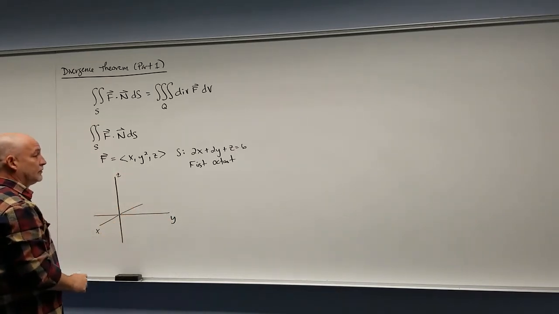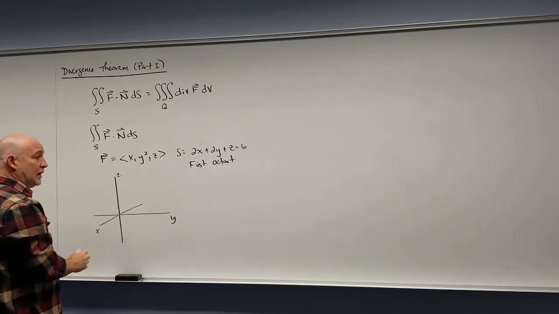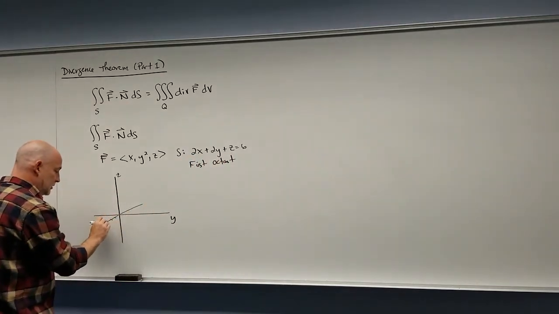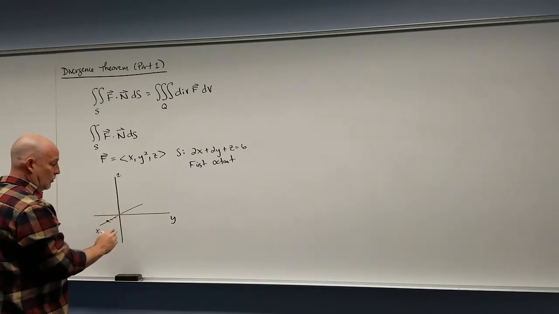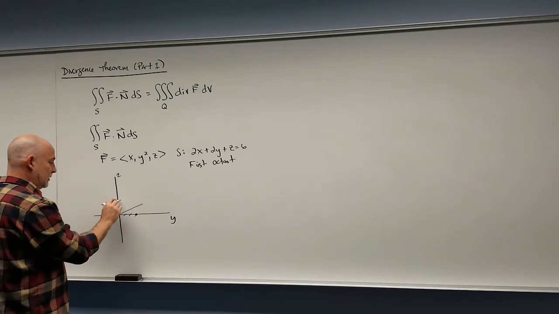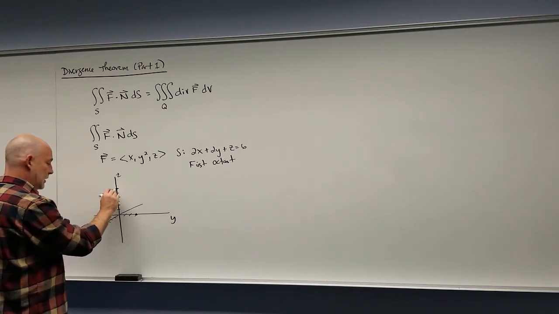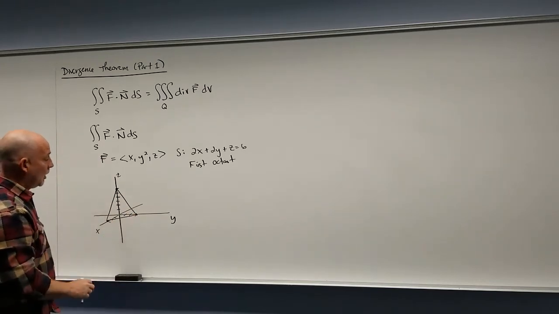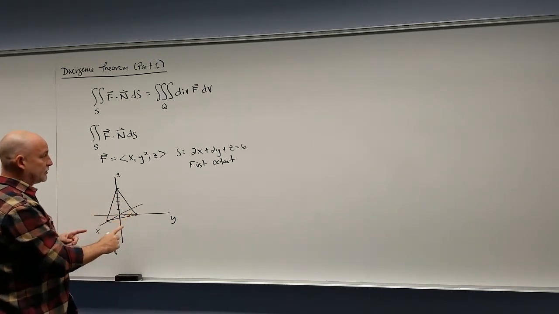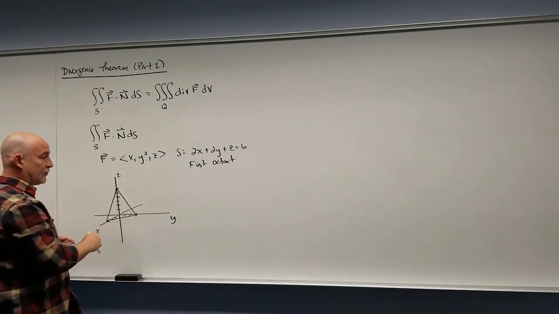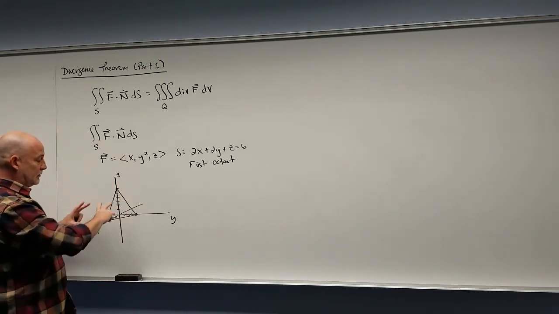All right, so let's see, as we cross each one of these, x on the x-axis, x will be 3, y on the y-axis will be 3, and on the z-axis, we'd be up here at 6. Okay, so we get this triangular region here. Now, since we're talking about the first octant, these coordinate planes are also part of the volume.